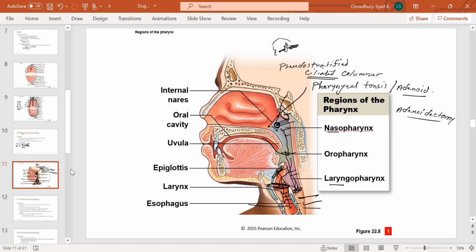So those areas, for example, the oropharynx and laryngopharynx, are for the food too. So they have a different epithelial lining, that is the stratified squamous. Okay, but the nasopharynx is only for the air, so it is pseudostratified ciliated columnar.